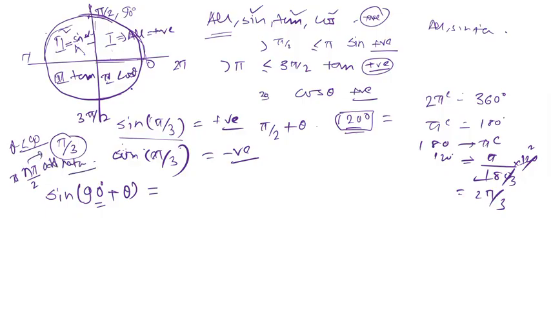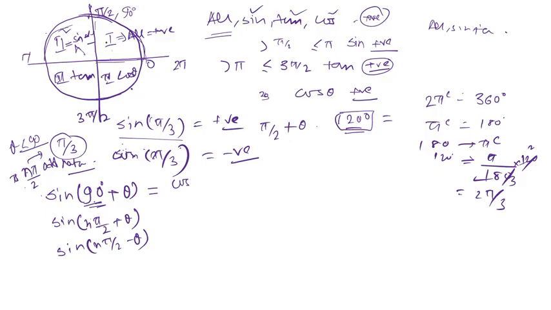a natural number. Okay, so sine 90 plus theta is when there is a 90, 270, correct, an odd multiple of pi by 2: 1, then 3, then 5. Like sine n pi by 2 plus theta, or sine n pi by 2 minus theta.